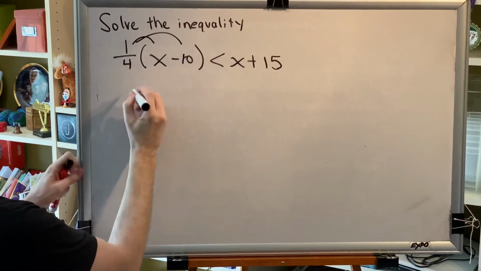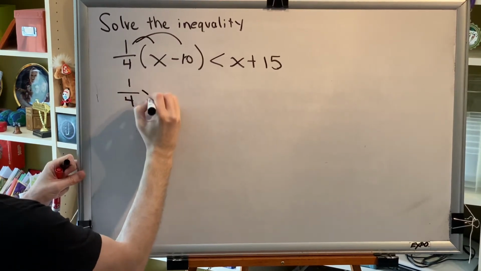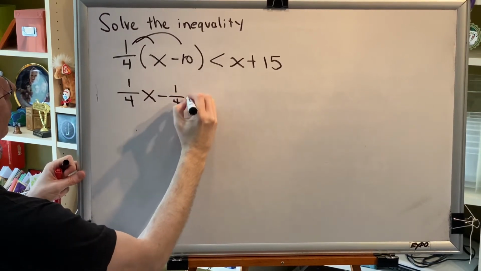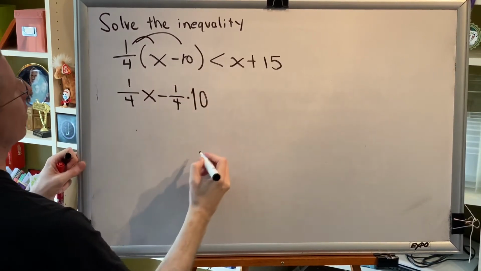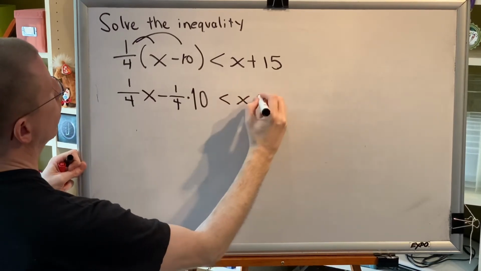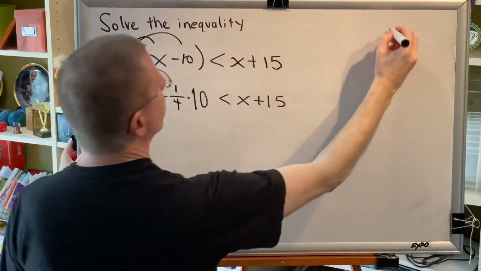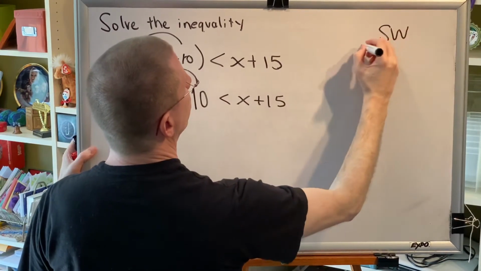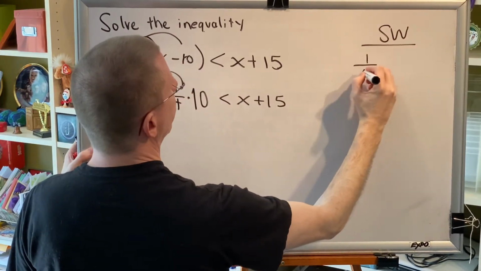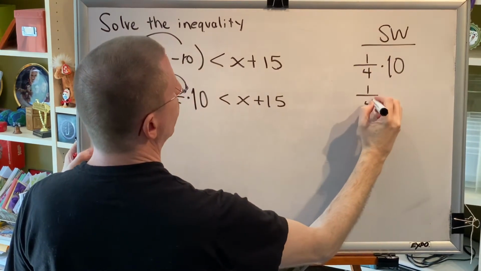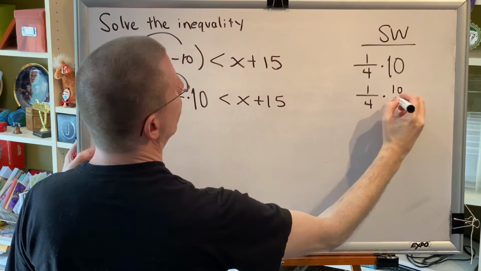So 1/4 times x would just be written 1/4 x minus 1/4 times 10, which means we'll have a little bit of fractions math to do in a moment. So let's do that fractions math in our side workspace. 1/4 times 10. 10 is not a fraction, but we can write it as 10 over 1.